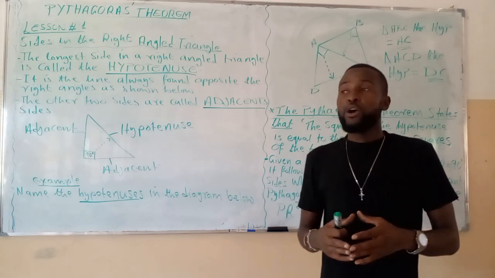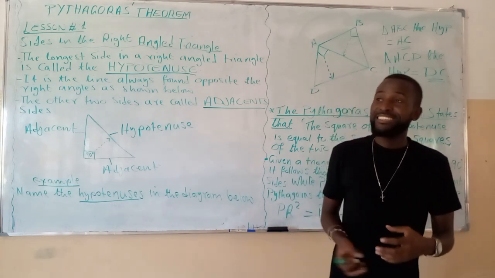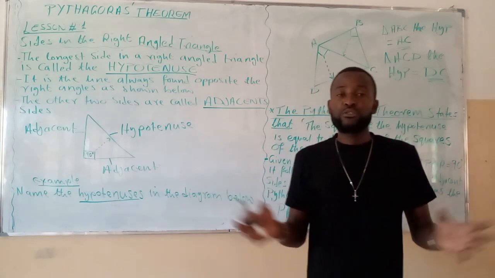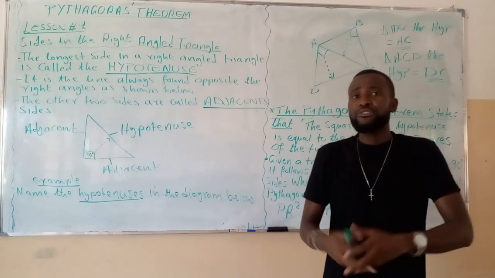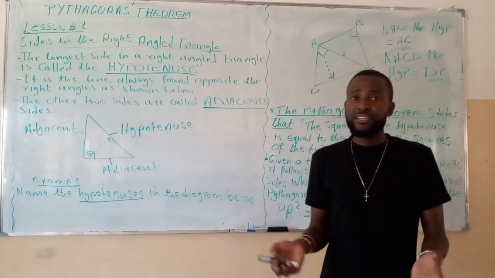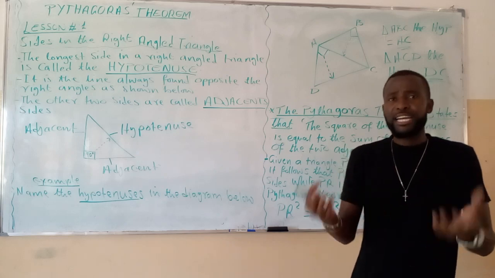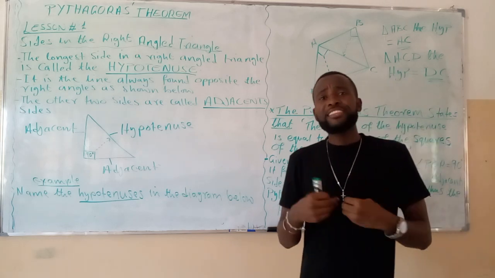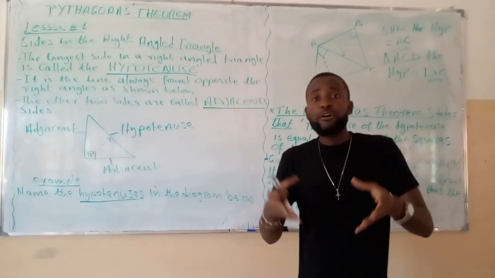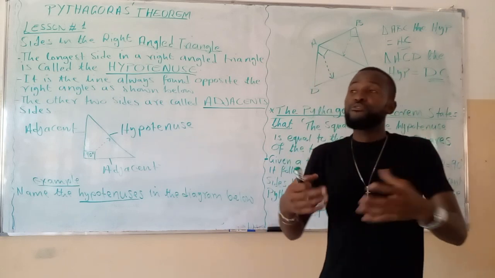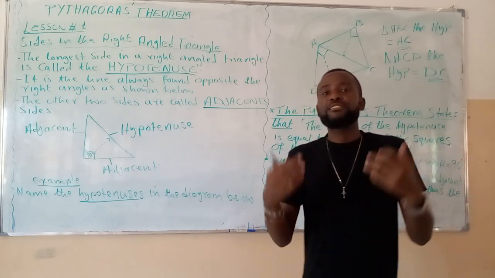Of course, we are talking of the Chinese and the Indians, and how they were doing those kinds of calculations. They were using other means of calculating, but it was wasting a lot of time. So Pythagoras came up with a way to find solutions easily without wasting time.